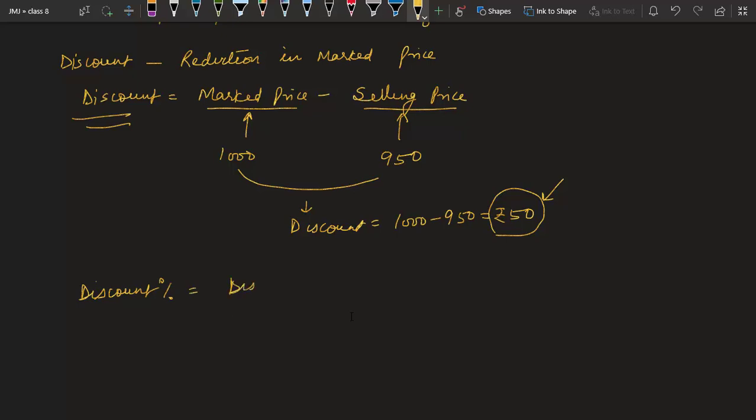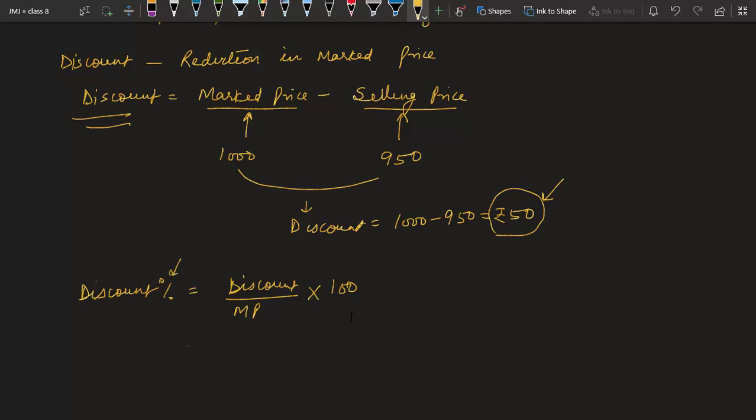We need discount value upon, when we found profit and loss in the last classes, we took cost price in the denominator. For discount, in the denominator we always take marked price or MRP, multiplied with 100. Why am I multiplying with 100? Because I want to find a percentage.